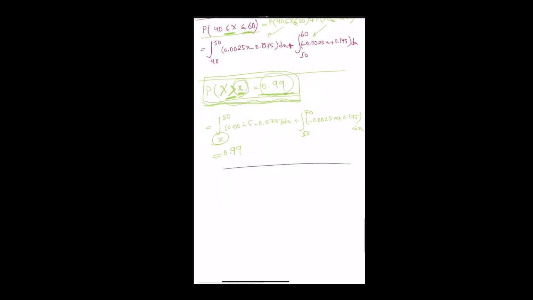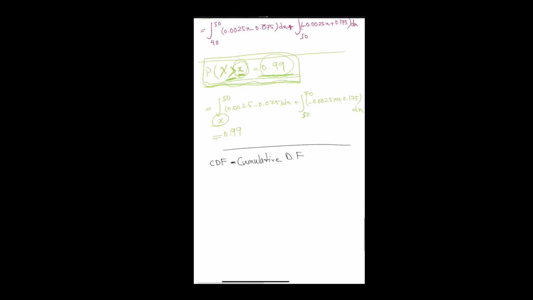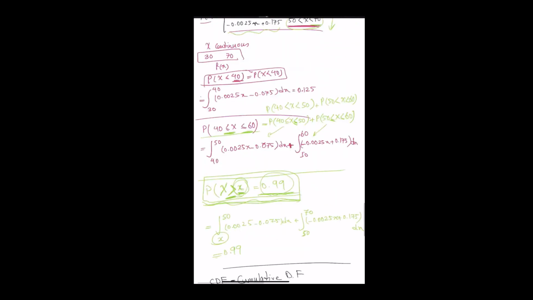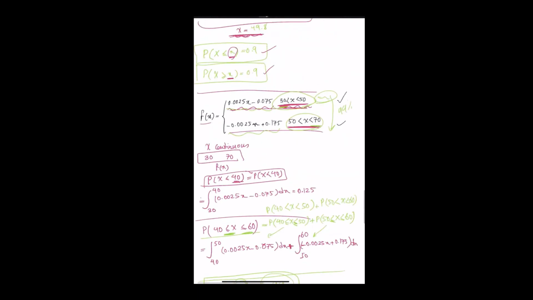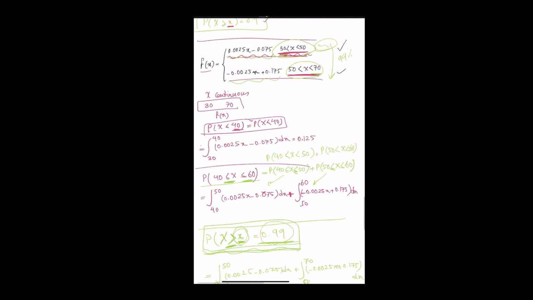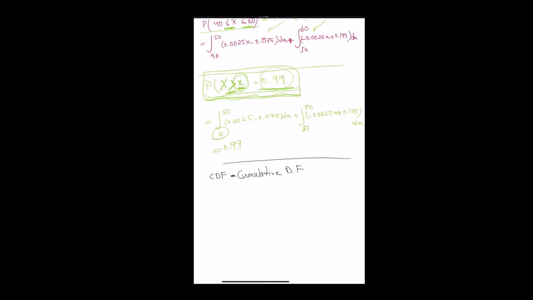Part 4, what is CDF? CDF stands for cumulative distribution function. So if my f of x has two forms, then my CDF is going to have two forms too.